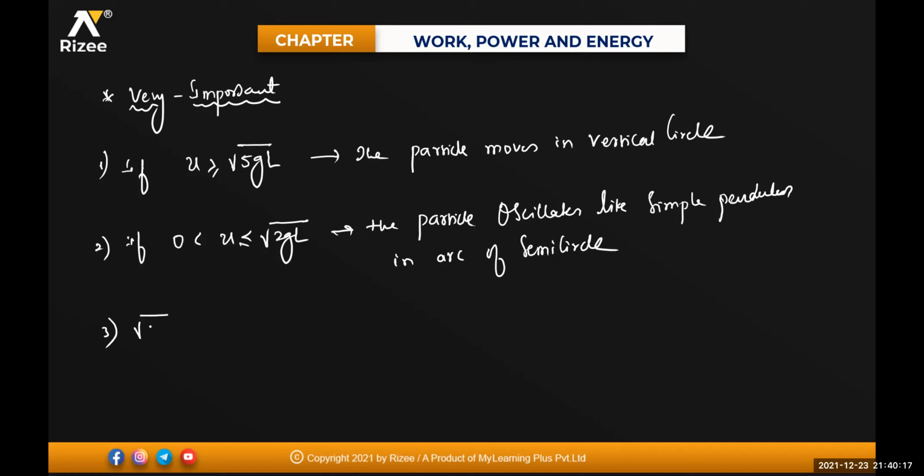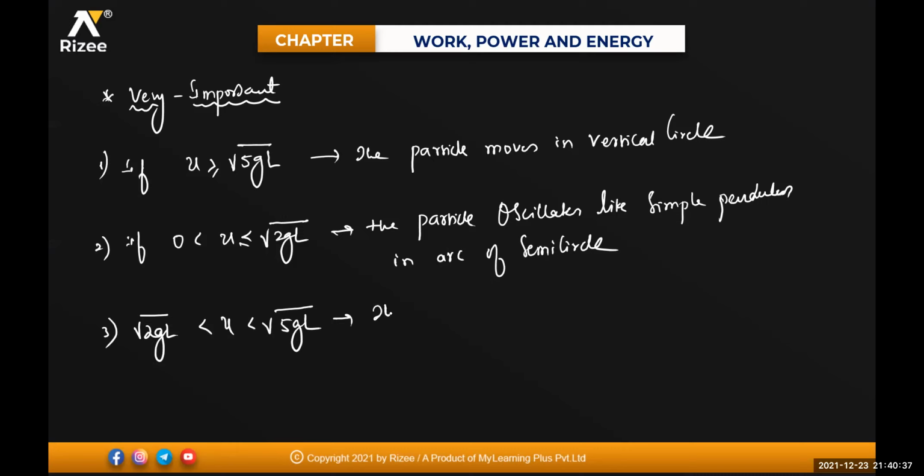The same way, if under root of 2gL is less than u and u is less than under root of 5gL, obviously the particle will not make a circle. So the particle will leave the circular path after completing a quarter circle and before completing the semicircular path. That is a basic condition.